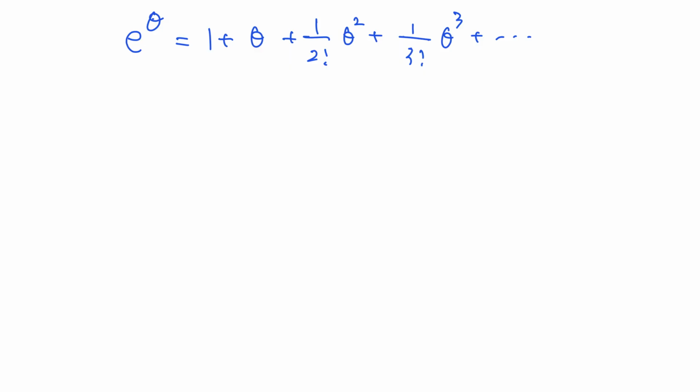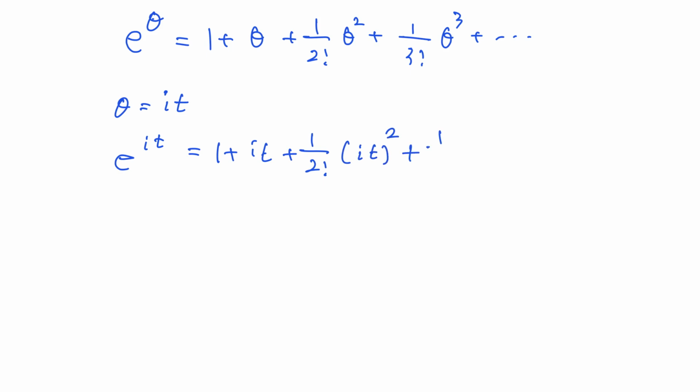So if theta is it, what happens? Exponential it is 1 plus it plus 1 over 2 factorial it squared plus 1 over 3 factorial it cubed plus and so on.